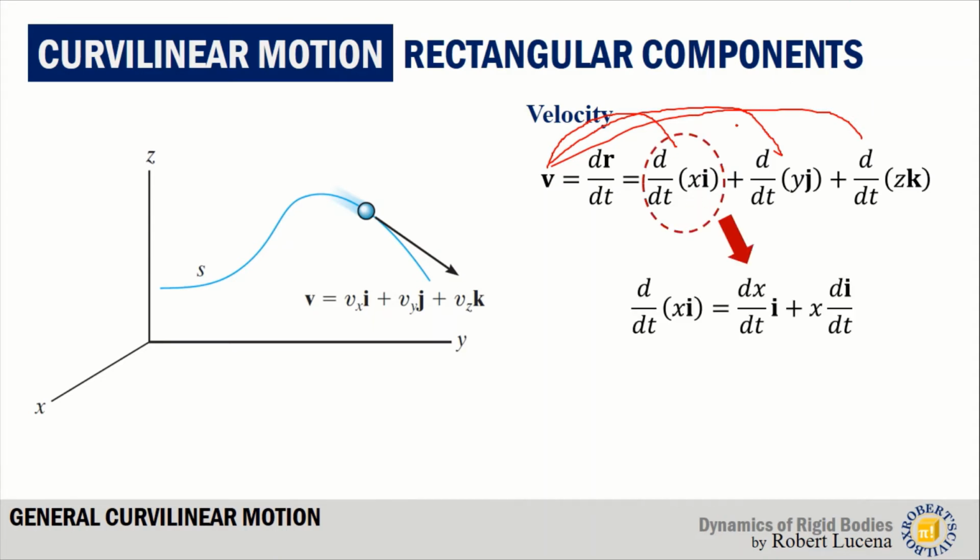And let's try to get the derivative of each term. Now, if you try to use the product rule for the derivative of 2 terms, x and i, you will use these as u and v. Recall from your calculus, the derivative of 2 terms u and v could be u times dv plus v times du.